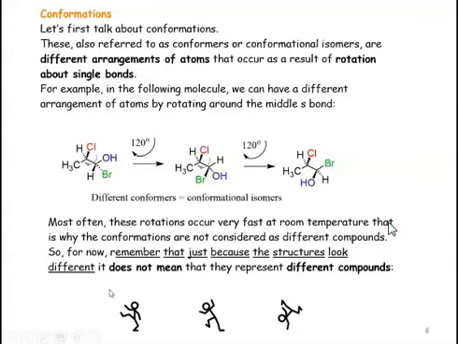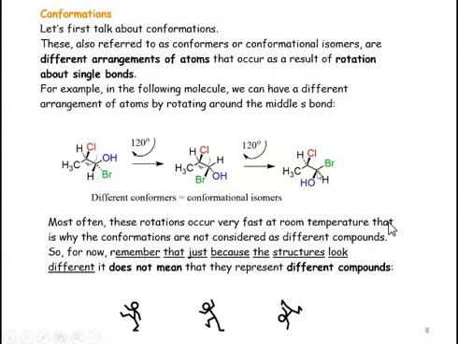So for now, remember that just because the structure looks different, it does not mean that they represent different compounds. We have to compare the net molecular formula. The three functional groups attached to the first carbon remain the same in all the cases. The three functional groups attached to the second carbon remain the same in all the cases. However, the orientation of the functional groups about one of the carbon atoms is different.